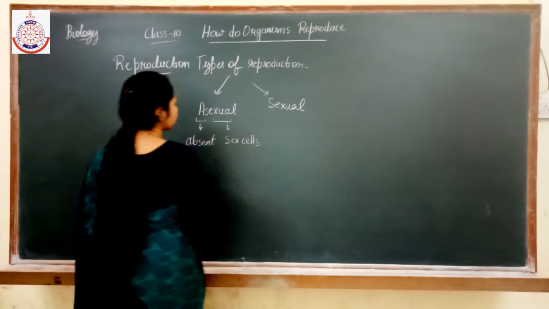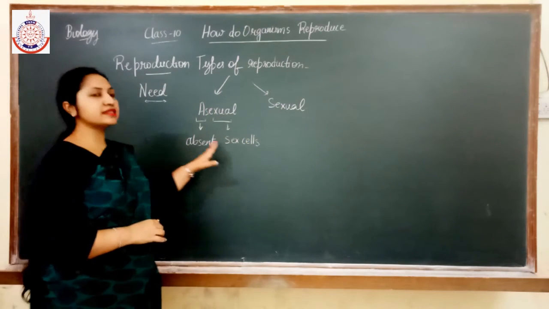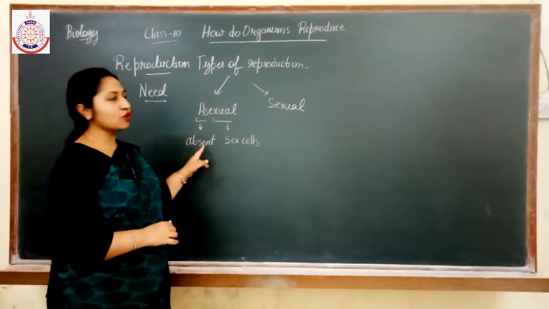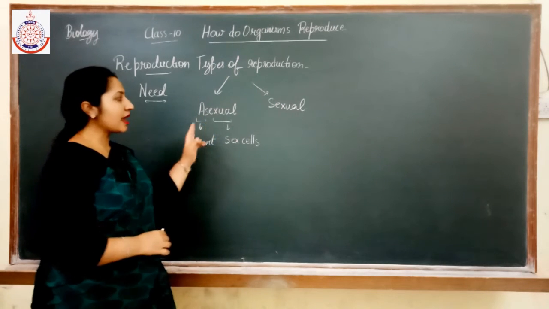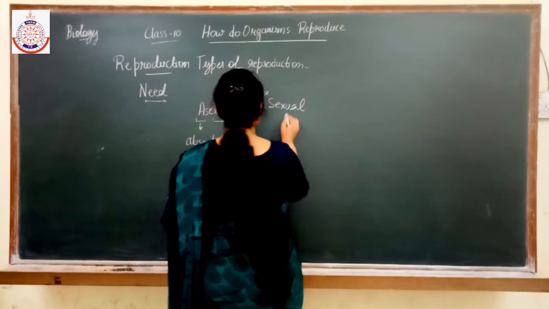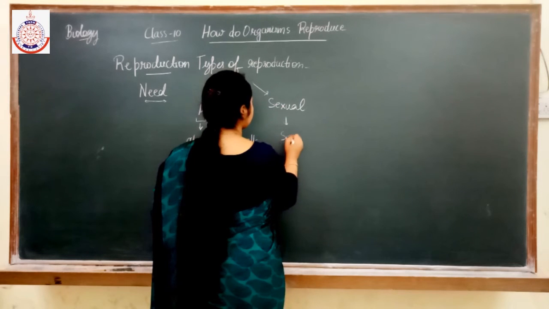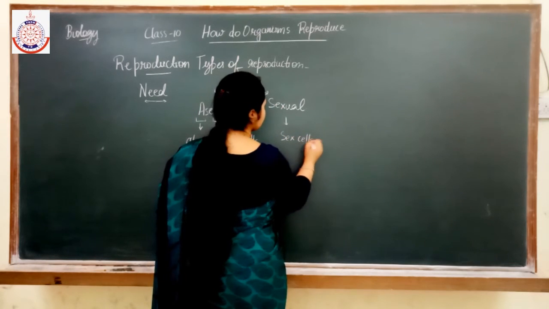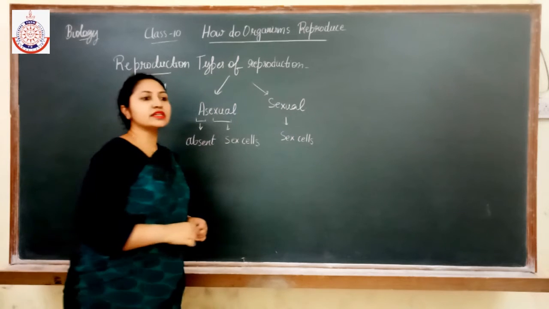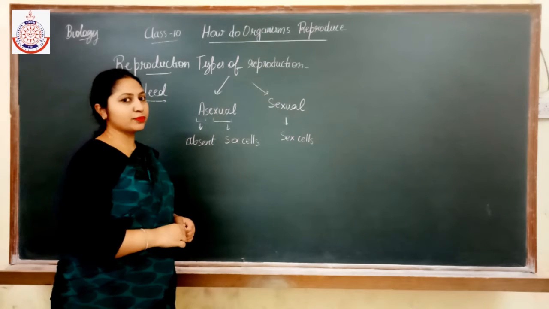Asexual means that the sex cells are absent in case of asexual reproduction, and in case of sexual reproduction, sex cells are present.